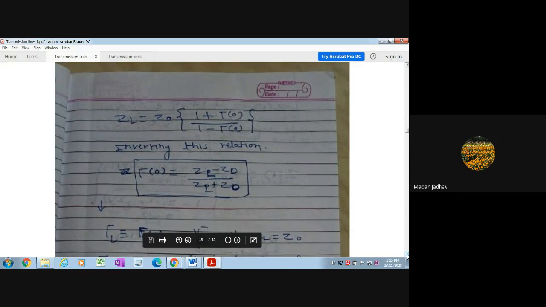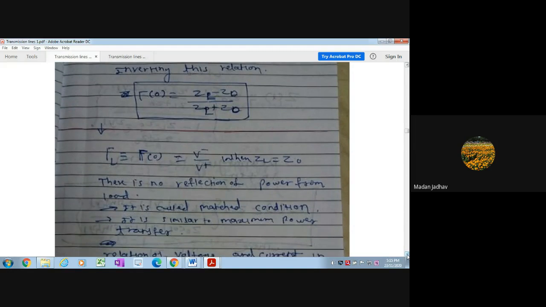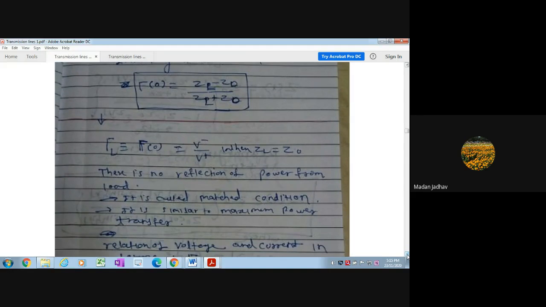Okay, the reflection coefficient we have defined. Then we also have to see what is meant by the matching condition. Matching condition means that when the characteristic impedance is equal to the load impedance, we say that is the matching condition.